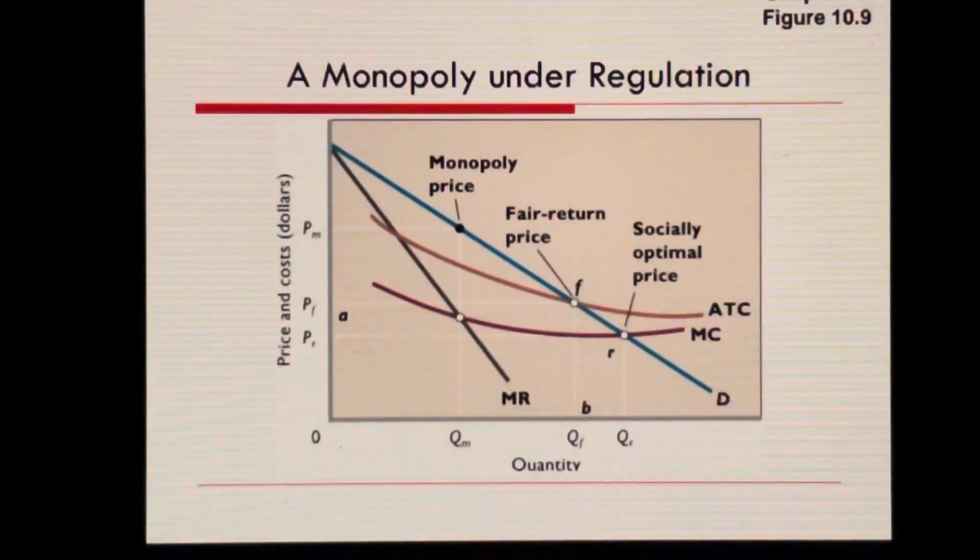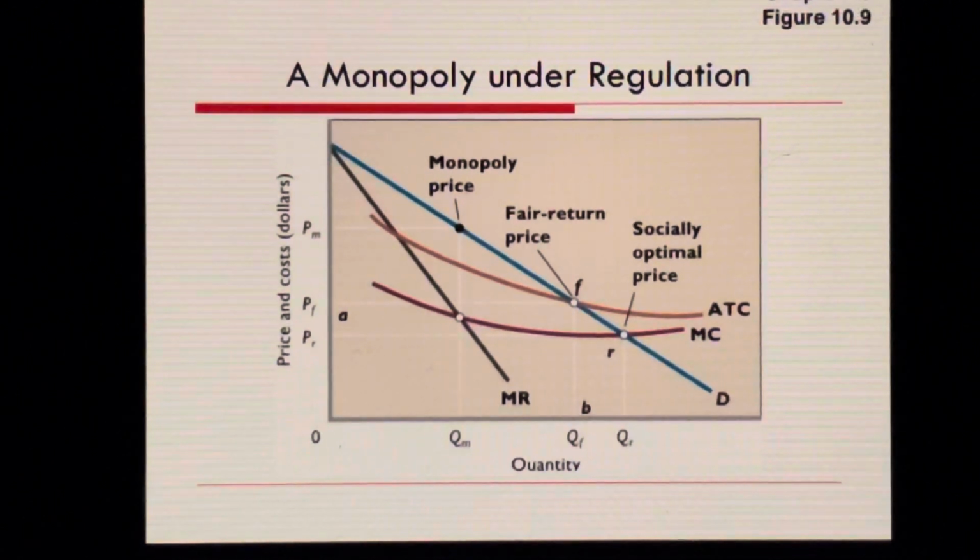The monopoly under regulation. Under regulation, we find the monopoly price where sustainability and profitability come on different units, which sometimes creates hurdles, but a fair return price has to be a good price with good selling per unit.